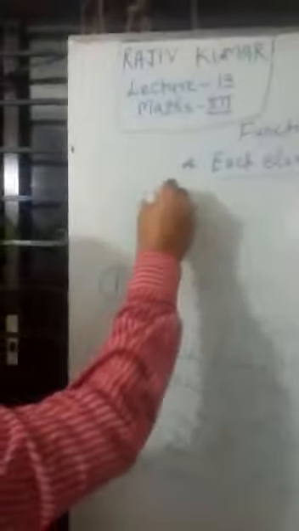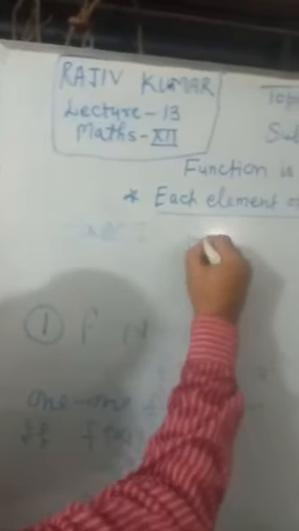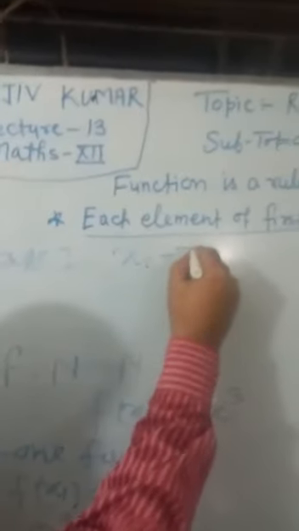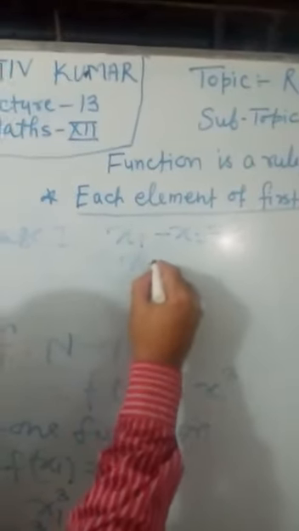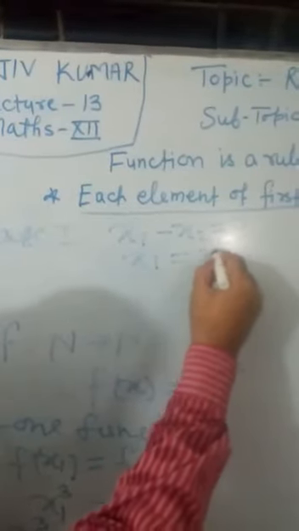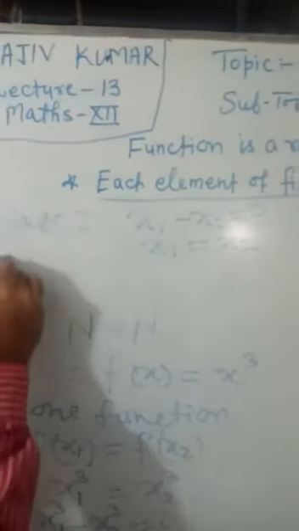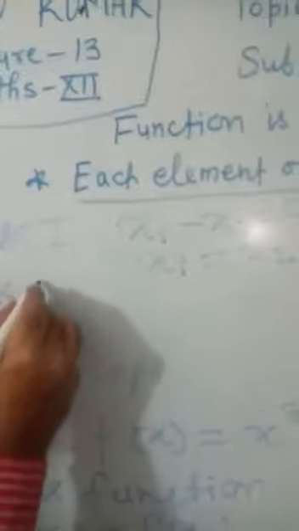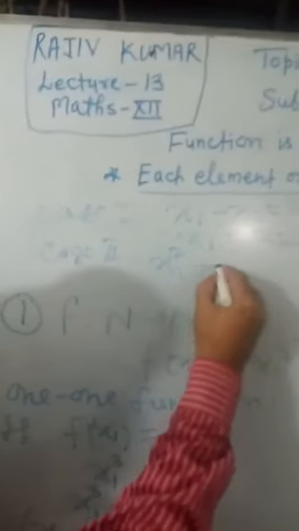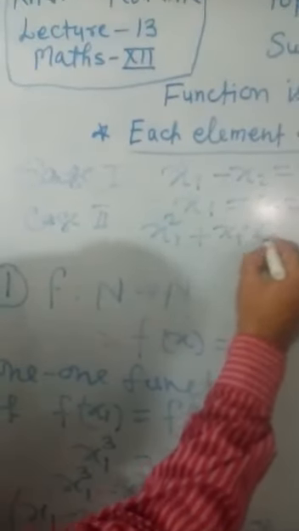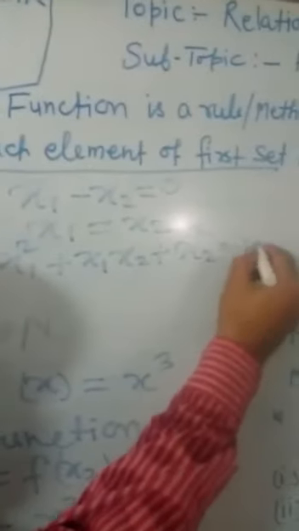Case first, x1 minus x2 equal to 0, so x1 equal to x2. Case second, x1 square plus x1 into x2 plus x2 square equal to 0.